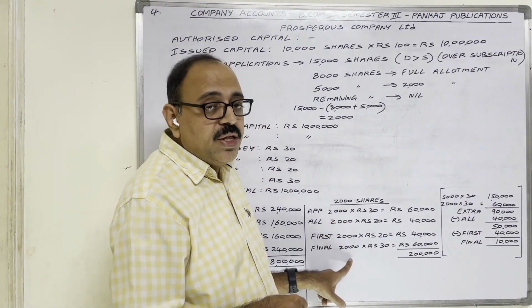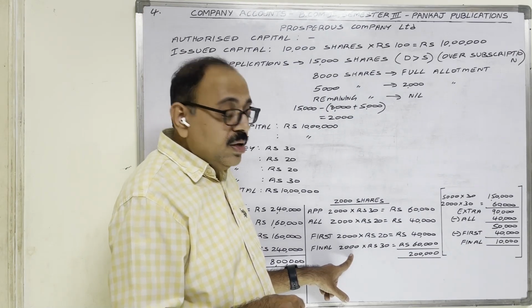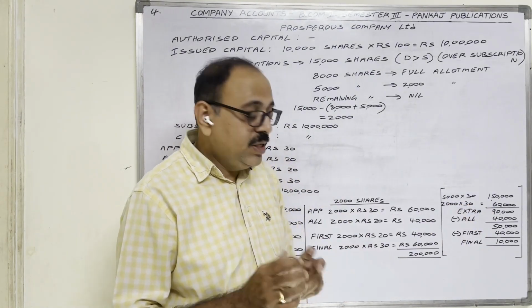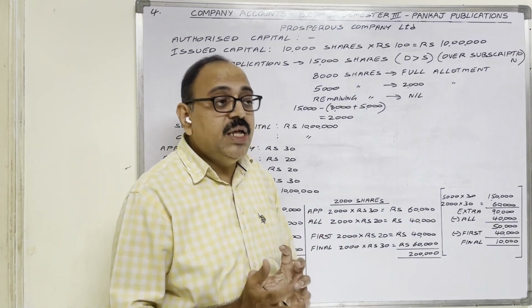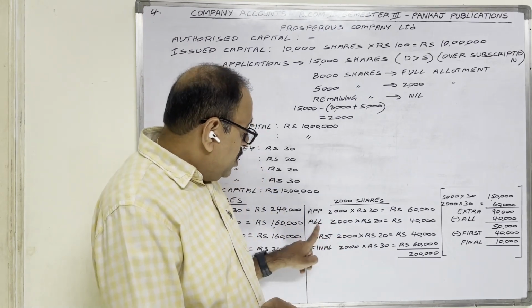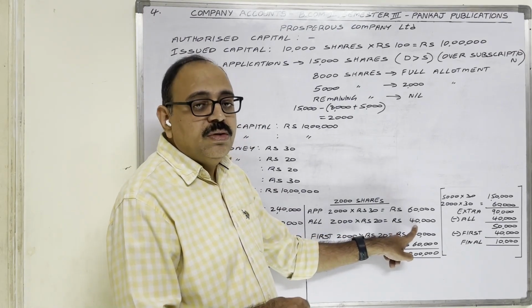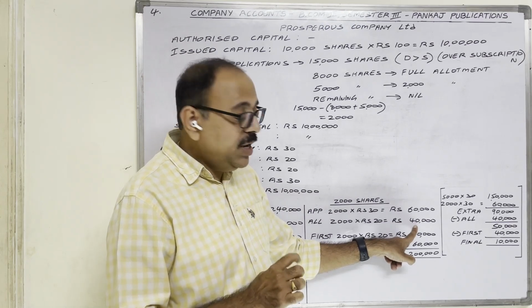Remaining installments are there, no? Allotment money, first call money, final call money. This extra 90,000 company wants to adjust for remaining installments amounts. So how that adjustment is made, we have to carefully observe here. See, allotment money, how much they should pay? 40,000. So instead of calling to pay that 40,000, what company did?